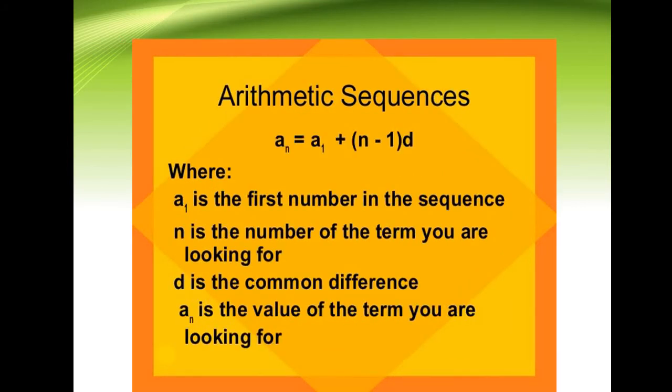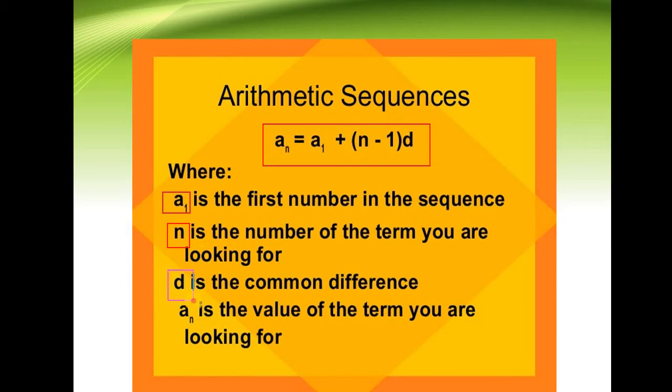Now again, look, here we see an equals a1 plus n minus 1 into d. What is this a1? This a1 is the first number in the sequence. What is this n? This n is the number of the term you are looking for. What is this d?